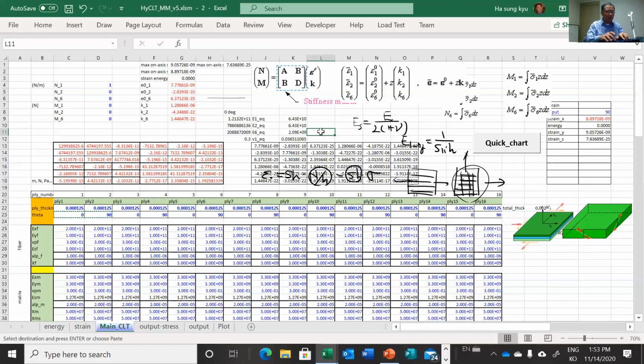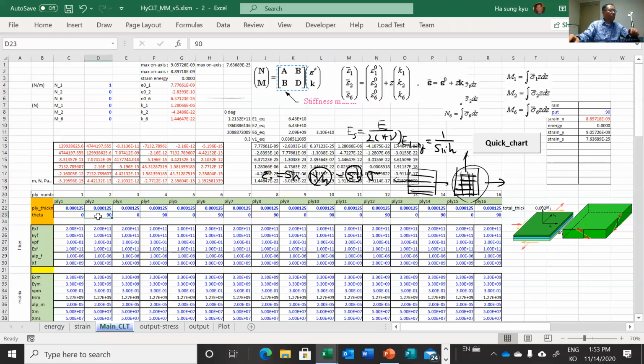Right, so I'm going to write down this equation here, 2 times (1 plus Poisson's ratio). And as you can see, it is certainly different. If that is not the same as this equation, then this is not isotropic.